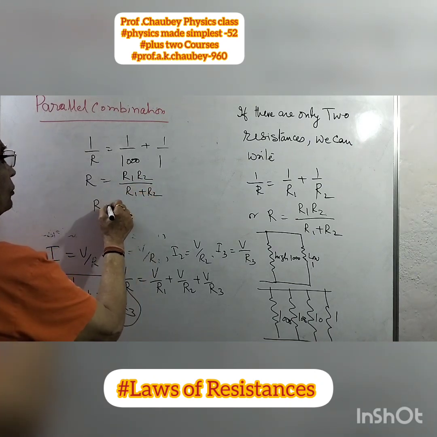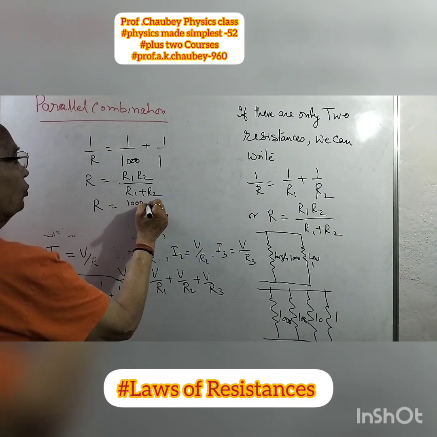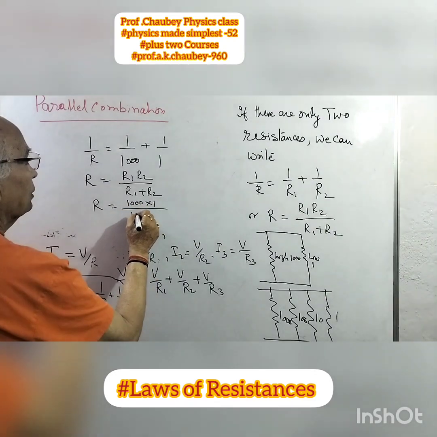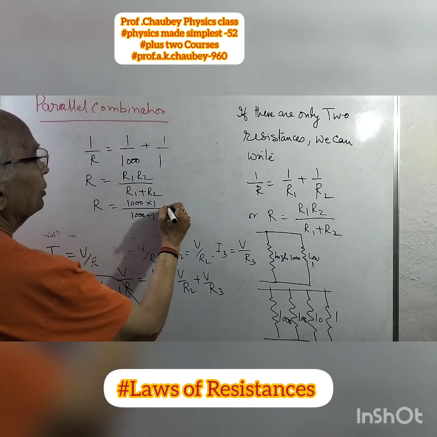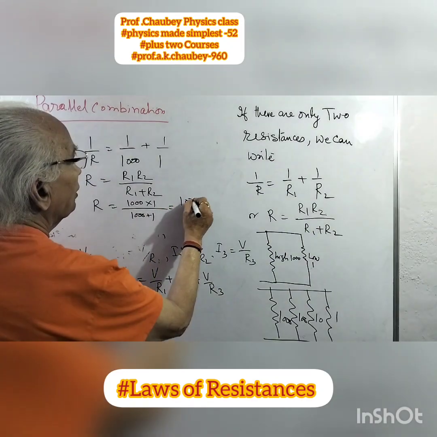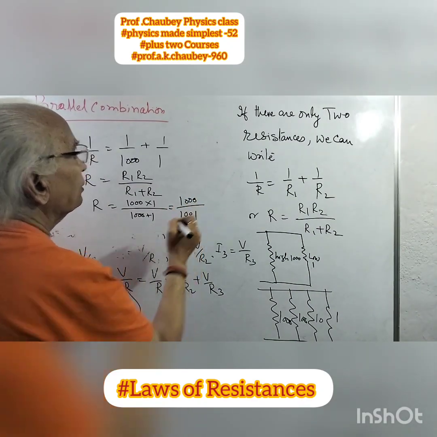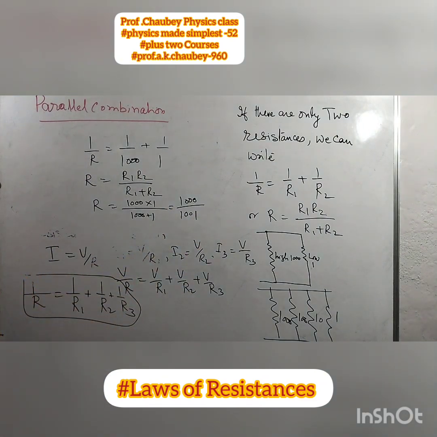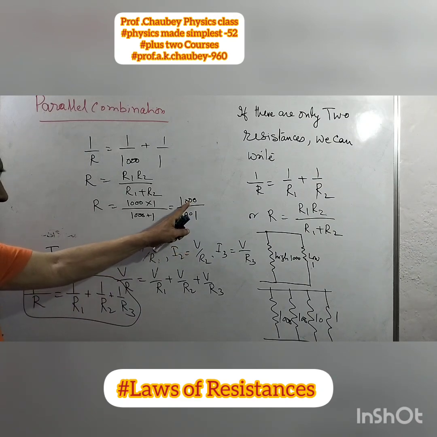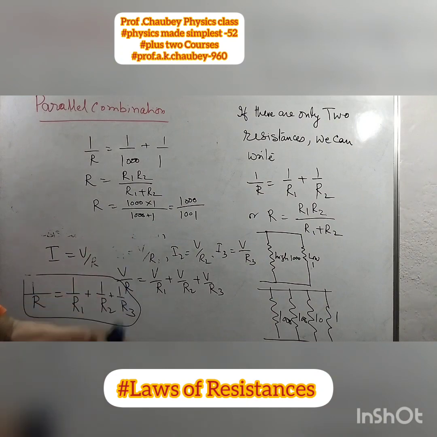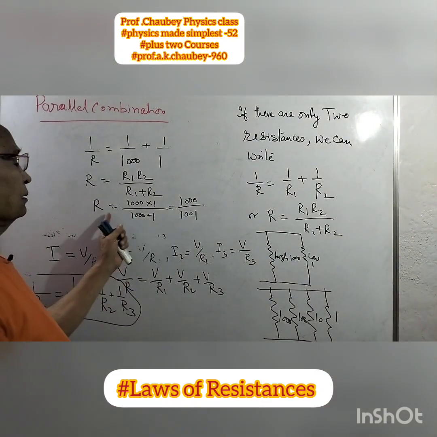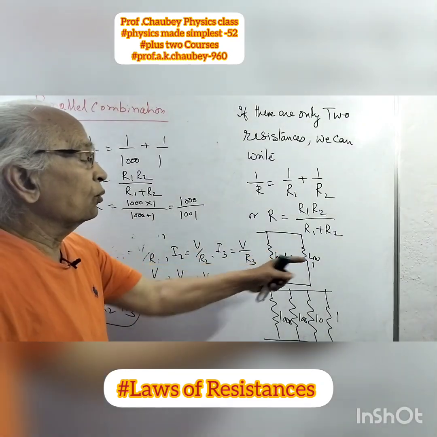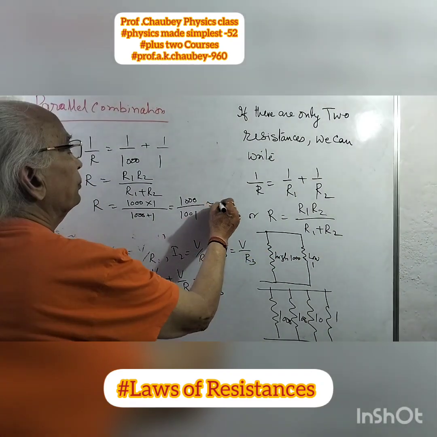So R is equal to 1000 into 1 divided by 1000 plus 1. So 1000 divided by 1001, this is 0.9, less than 1, because the numerator is slightly less. So whenever we have such a combination of low and high, the resultant is nearly equal to the low resistance of 1 ohm. So this becomes nearly 0.9.